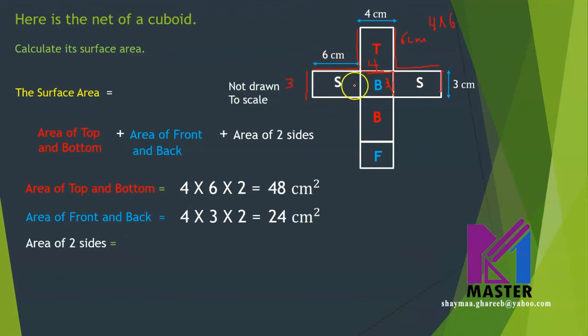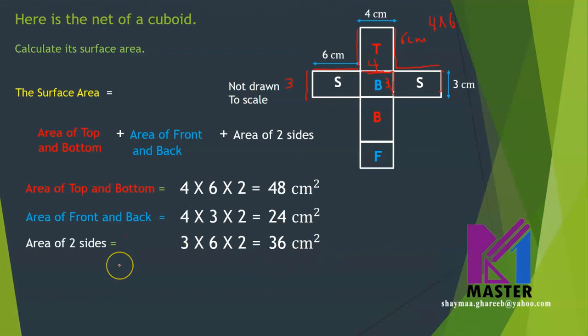Then multiply by 2 because I have 2 identical faces. So we can say that the area of two sides equals 3 times 6 times 2. 3 times 6 equals 18, times 2 equals 36 centimeters squared.